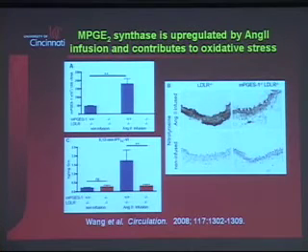And so this suggests that this particular gene is involved in oxidative stress in response to Ang2 infusion, and this was further suggested by their nitrotyrosine staining, which was markedly increased in the presence of Ang2 infusion in their LDL knockout mice and severely blunted by deletion of the microsomal PGES gene.